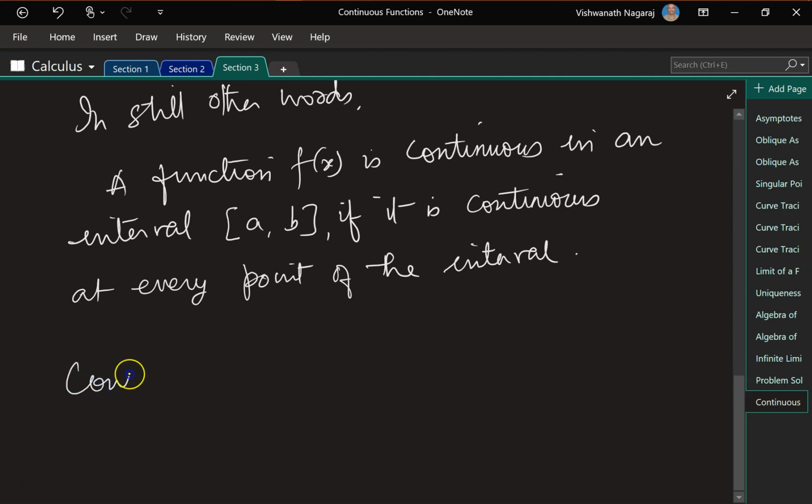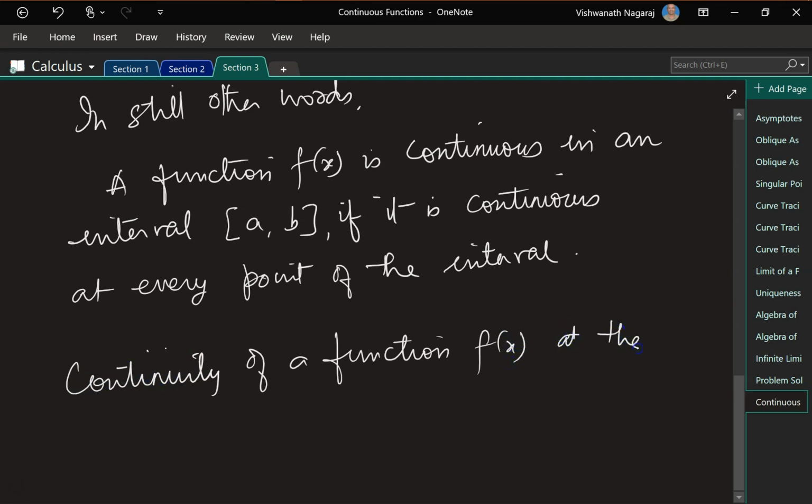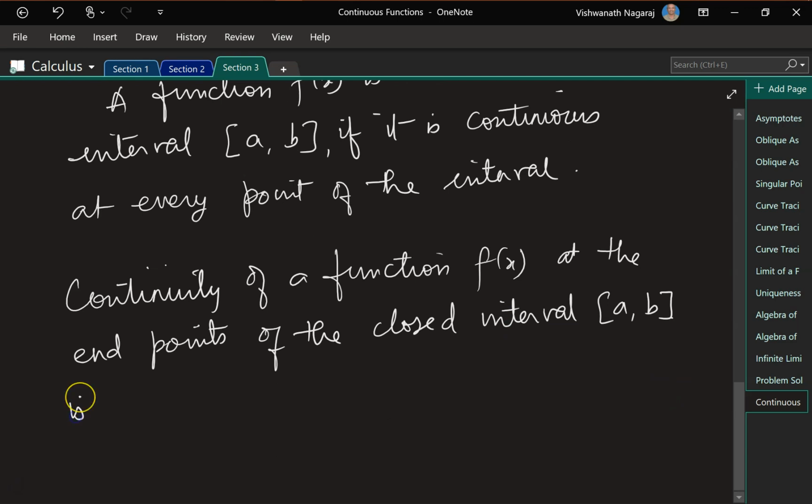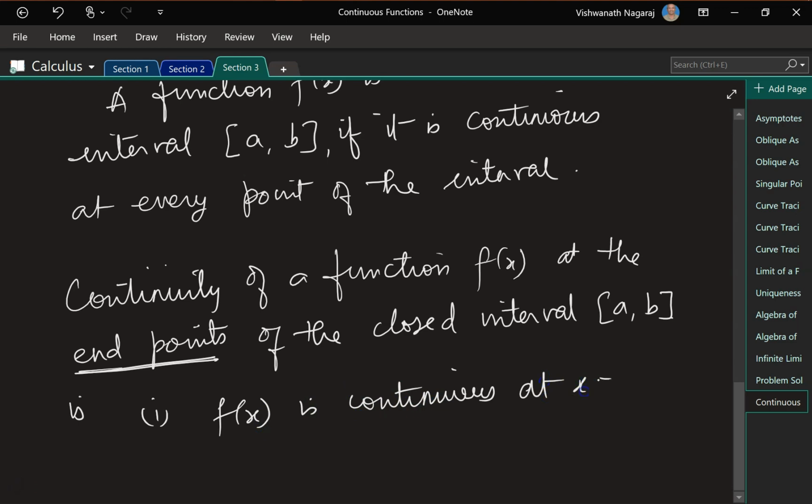Now, continuity of a function f of x at the end points of the closed interval [a, b]. Remember here we are focusing on end points. f of x is continuous at x equal to a if the limit as x approaches a from the positive side, that is from the right hand side, of f of x is equal to f of a.